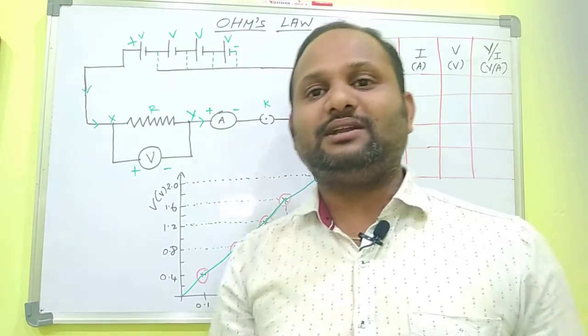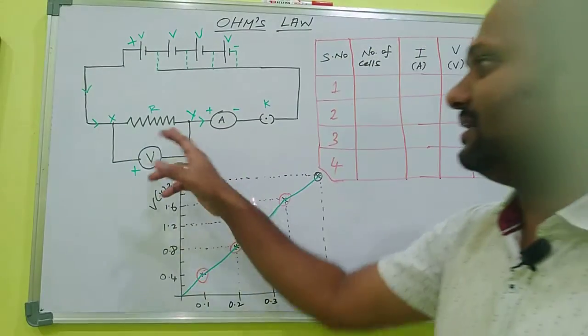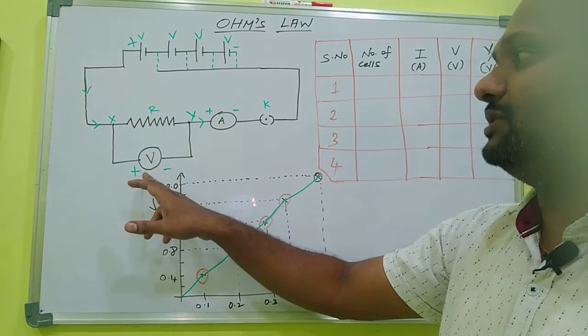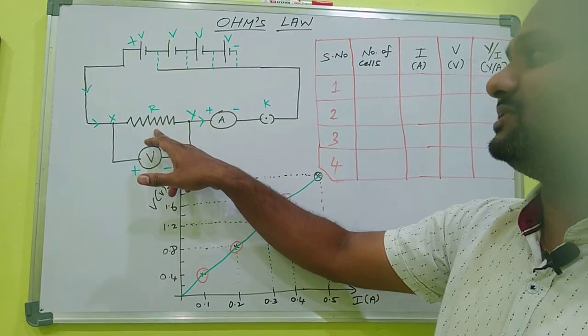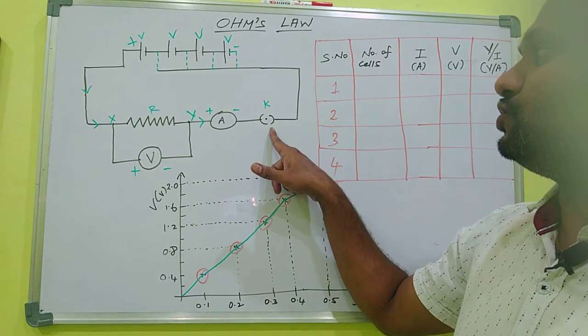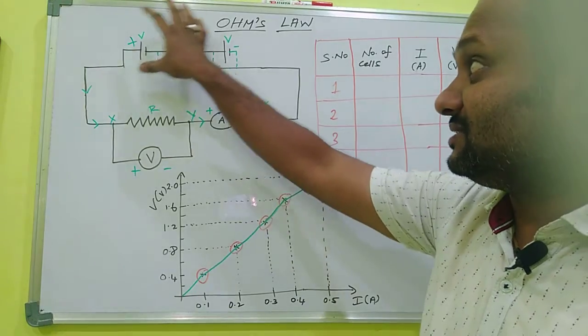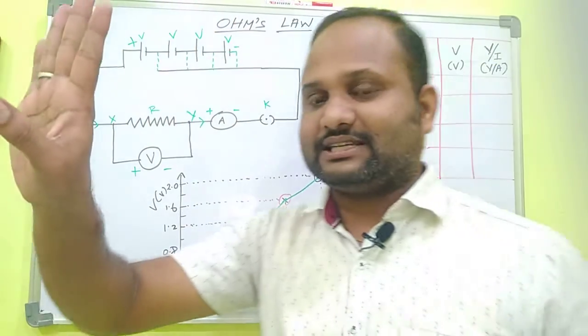All are connected like this. In the circuit diagram, the voltmeter is connected in parallel with the resistance and the ammeter is connected in series with the circuit. The key is used to switch the electrical circuit on and off, and this arrangement consists of four electrical cells.